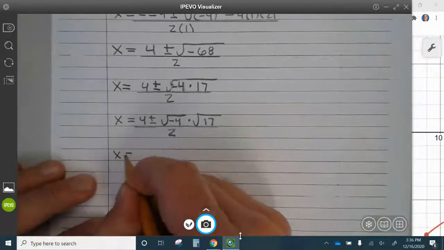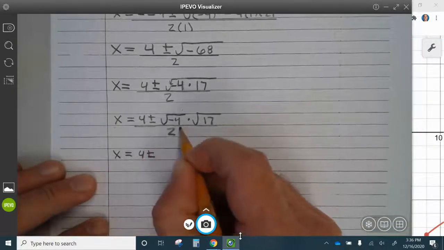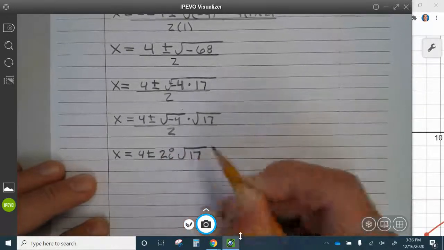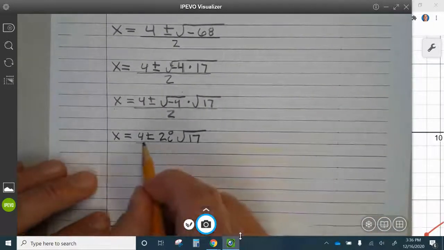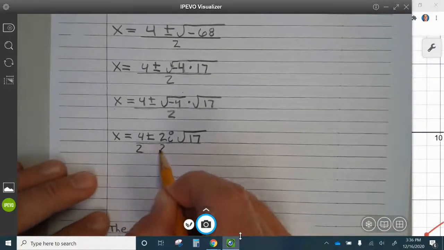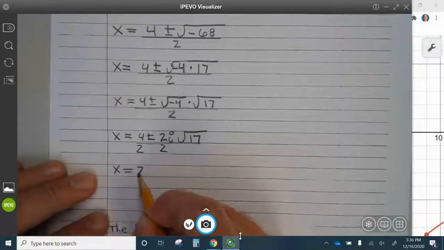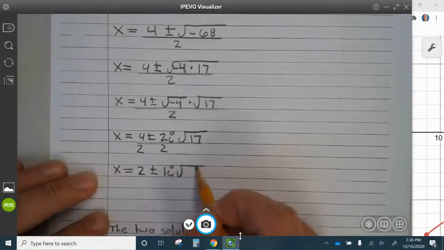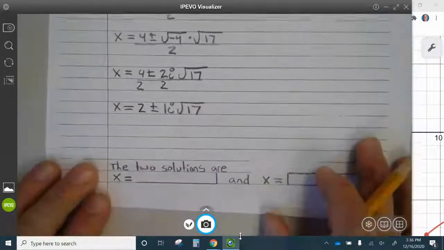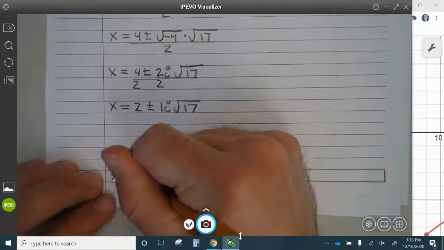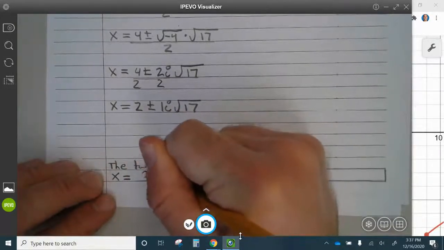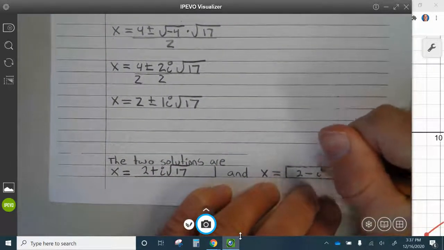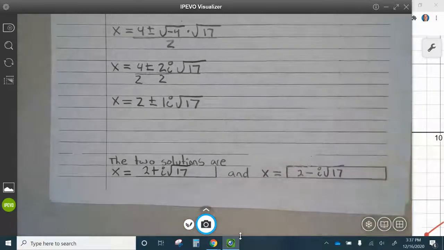Well, x equals 4 plus or minus, the square root of negative 4 is 2i times the square root of 17 divided by 2. Well, we divide 2 here and here. So x equals 4 divided by 2 is 2, plus or minus 2 divided by 2 is 1i square root of 17. So the two solutions are 2 plus i square root of 17 and 2 minus i square root of 17.